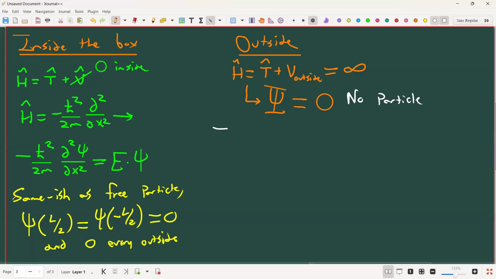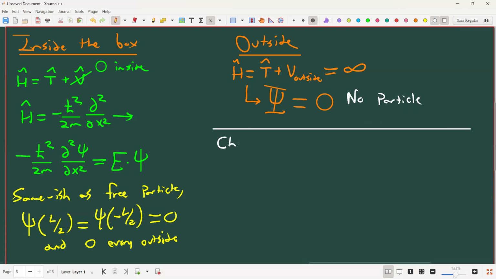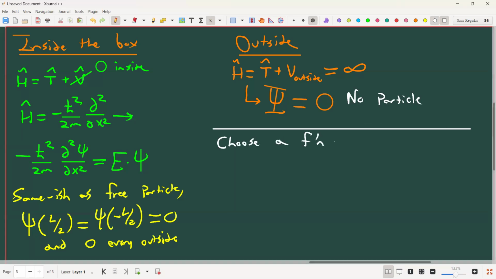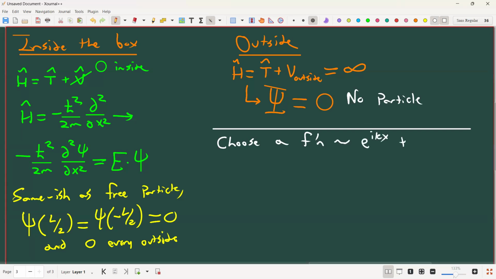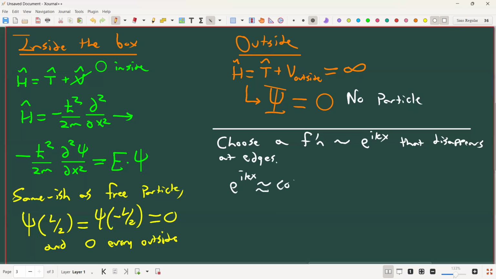We want to choose something similar to e to the ikx that disappears at the edges. Well, e to the ikx, remember, is cosine kx plus i sine kx.